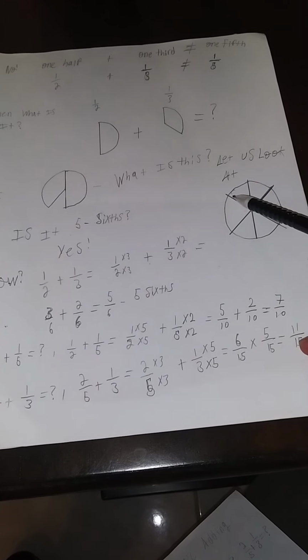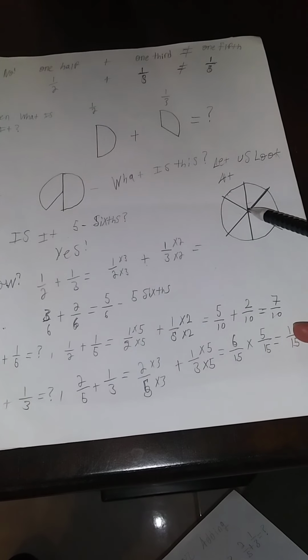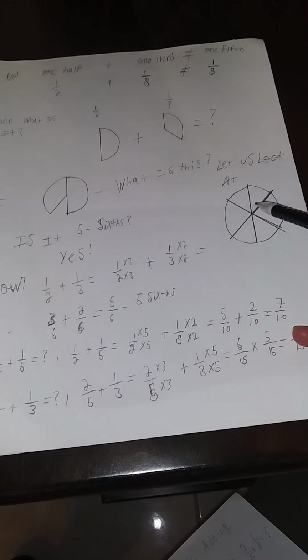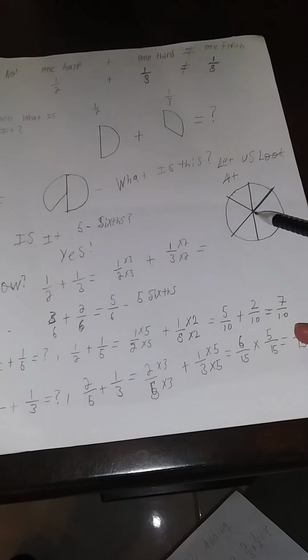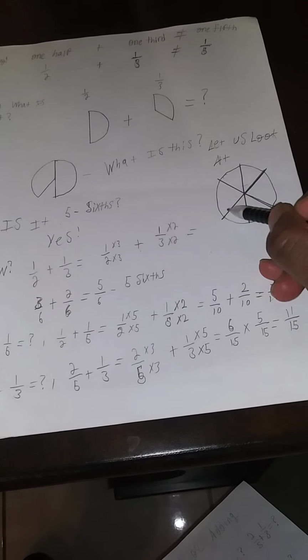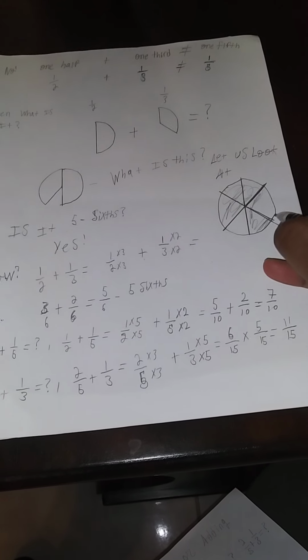So if we cut a pizza into 6 equal pieces, and we shade in five slices, or glue 5 slices next to each other, we get this picture.